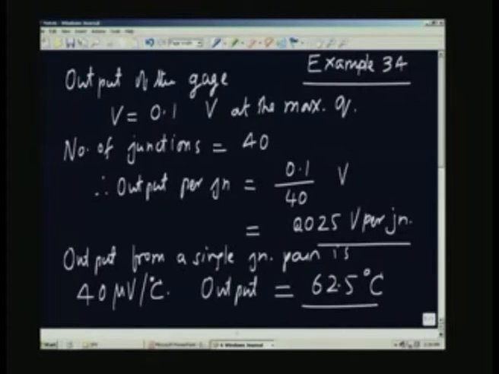So, that is the output from the junction, from a single junction. In fact, this is the delta T which is developed by the sensor.